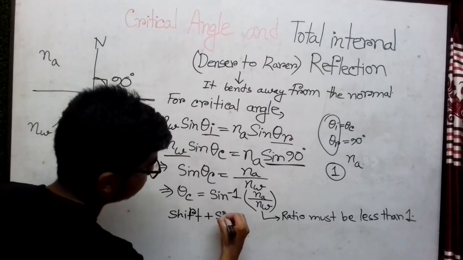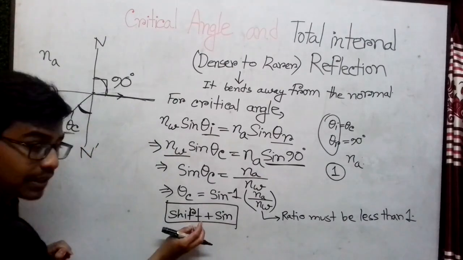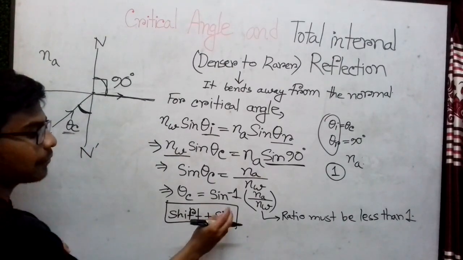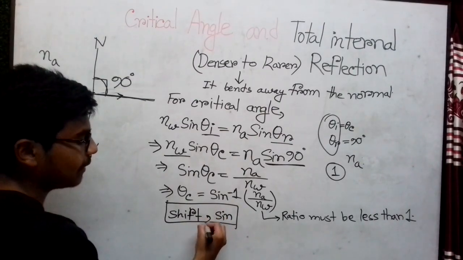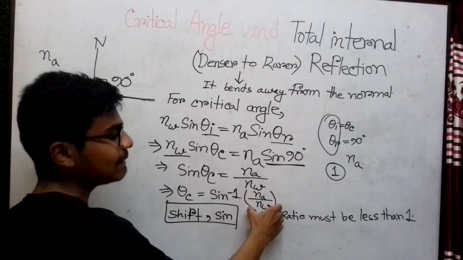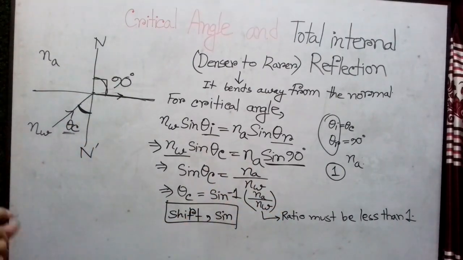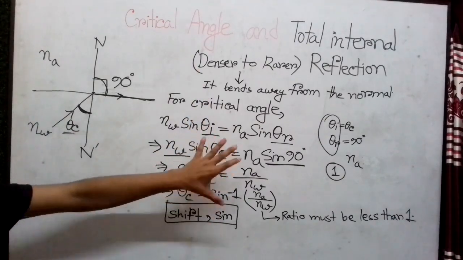First shift, then sine, then you will get this inverse sine, and then just multiply by this ratio, then you will get the value. Okay, so this is the equation for the critical angle.